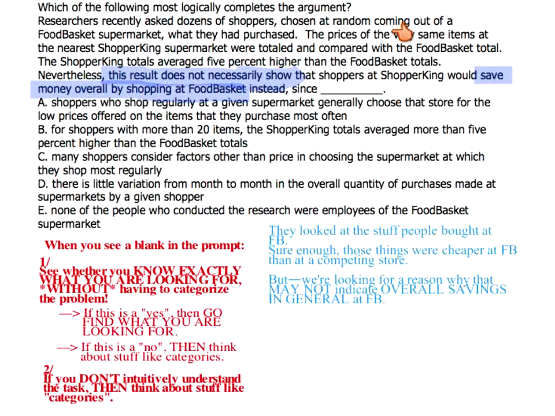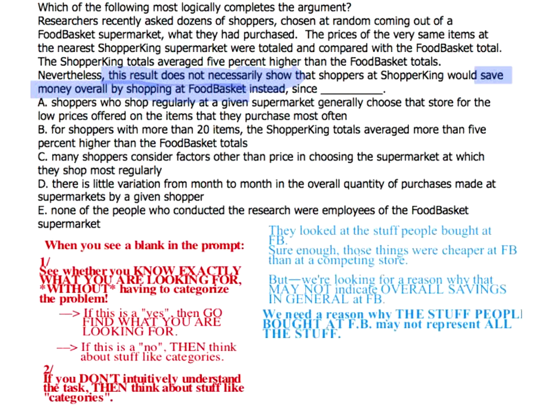If that was a thing, then this would be an absolutely unassailable logical connection here. But, you know, maybe not, right? So we need a reason why. In order to break that idea, we need a reason why the stuff people bought at Food Basket may not represent all the stuff. That's how you would do this.